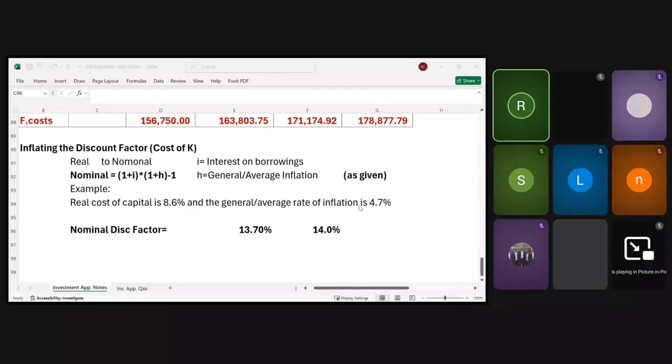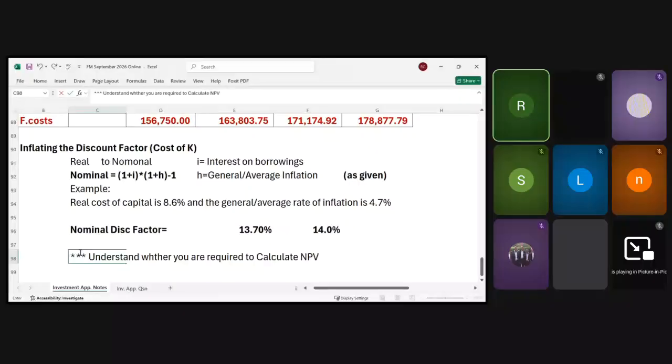Right. What is the key now? The key is to understand the question, whether you are required to calculate NPV in nominal terms or real terms.